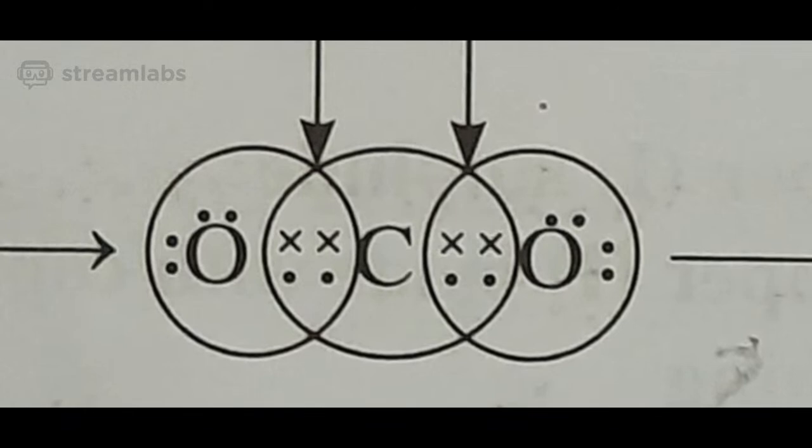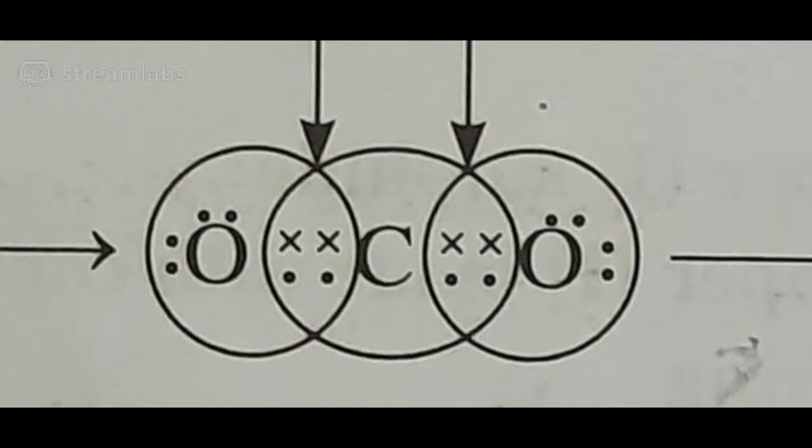After writing this, we have to put a circle so that it completes the octet structure. Oxygen already had 6 electrons in the outermost orbit.